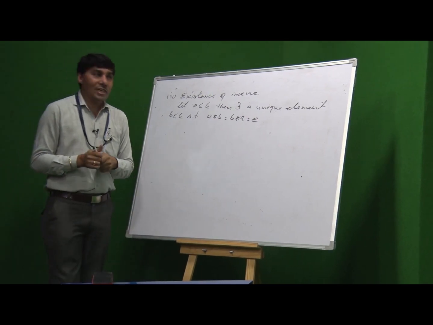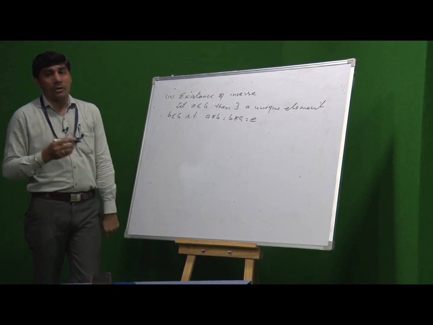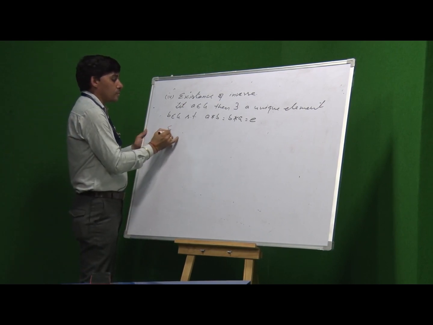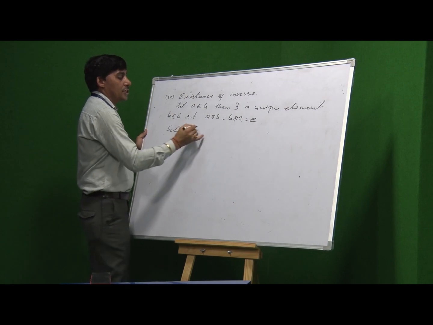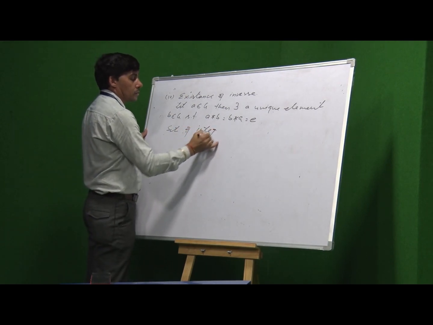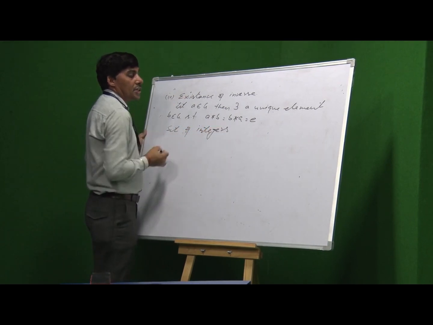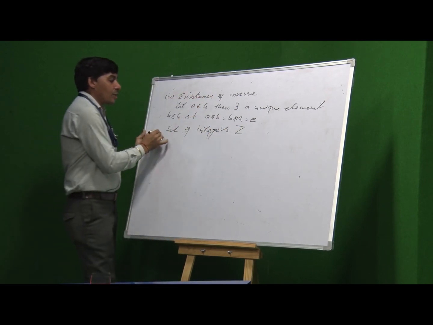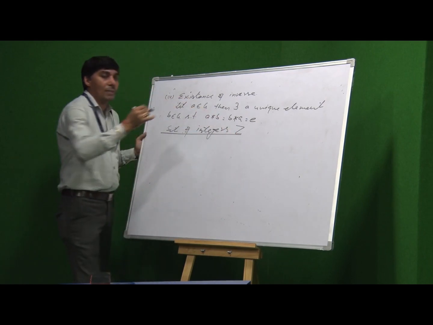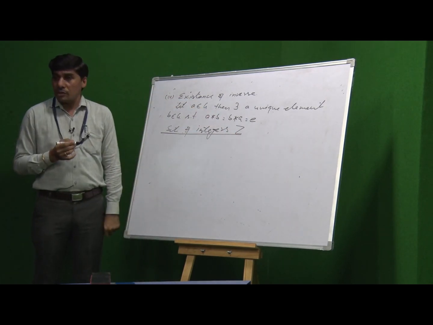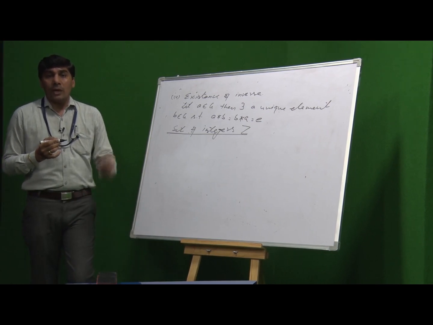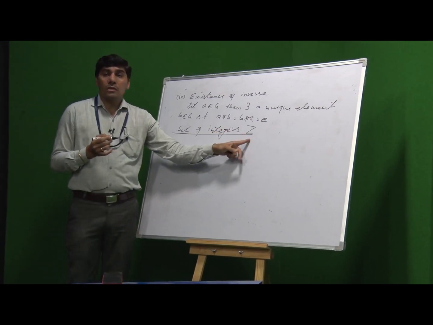Now we will discuss an example of a group, a very simple example, the set of integers. The set of integers is denoted by capital Z. We apply the binary operation plus on this set of integers.